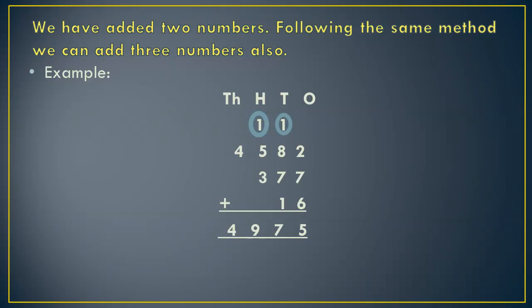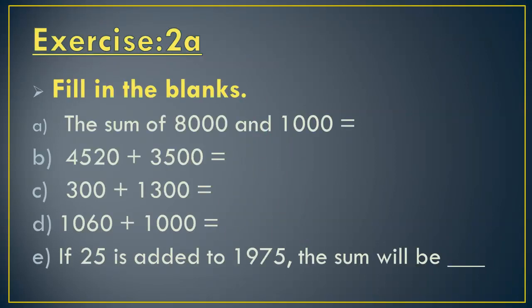Then we add tens. 8 plus 1 plus 7 plus 1 is equal to 17. Then move to hundreds place. 5 plus 3 plus 1 is 9. And the last one is thousands place. There is only 4 in thousands place, so we write 4 as it is. So 4975 is our answer.